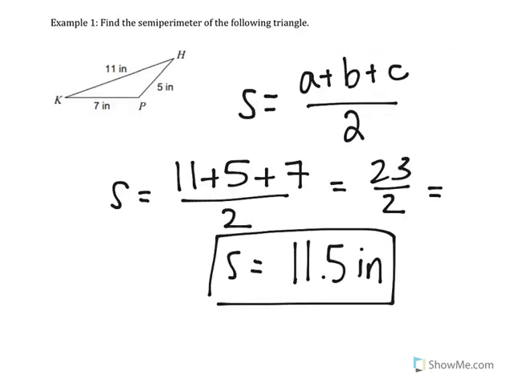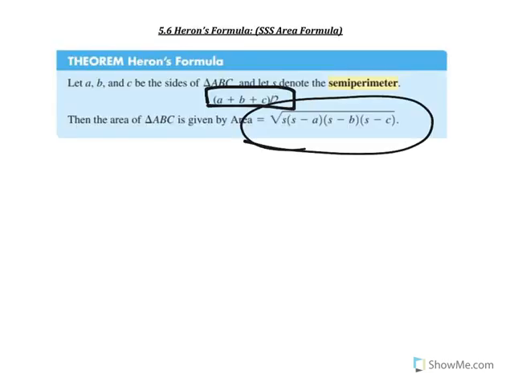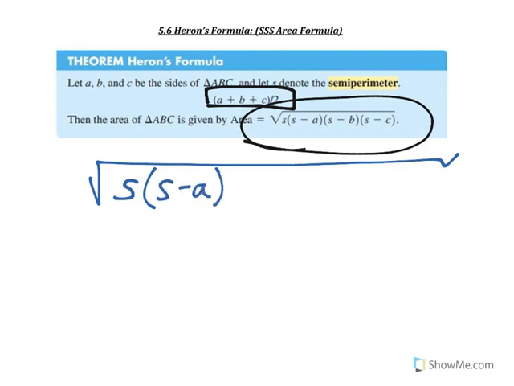Let's go back to our first page. It says the area of triangle ABC is given by the square root of S, the semi-perimeter, times S minus A, the semi-perimeter minus one side, times S minus B, the semi-perimeter minus the other side, times S minus C, the semi-perimeter minus the third side.